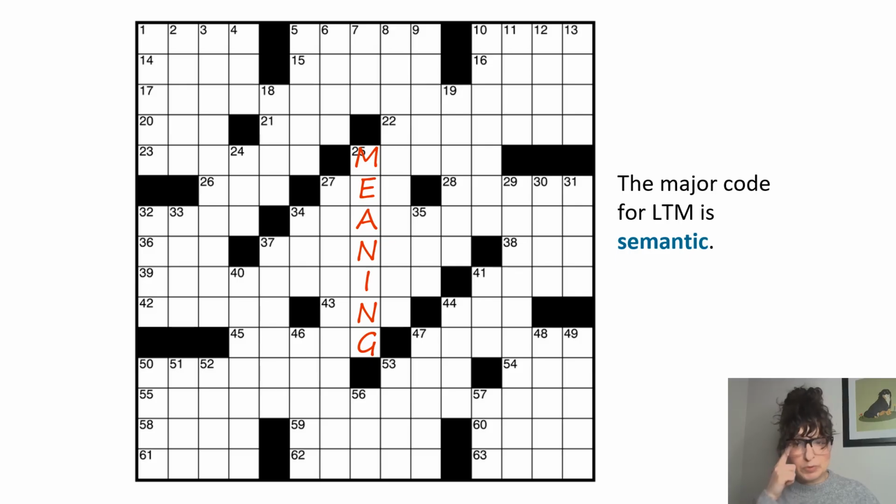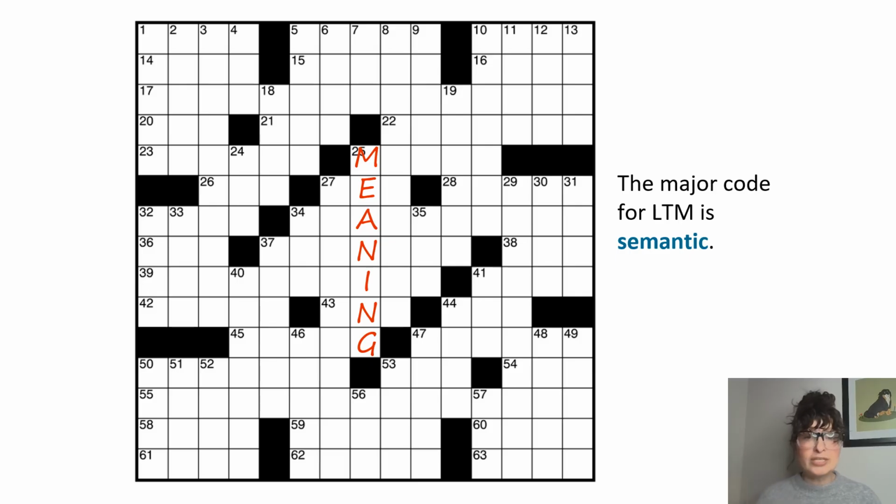So for long-term memory, we can ask these questions: how much, how long, and what is the kind of information? What's the code that's getting encoded? Well, theoretically limitless, theoretically permanent, and then in terms of the code of information, it is semantics. It's based on meaning. You're going to recall the gist of a story, not the exact wording, because you encode the story based on meaning.